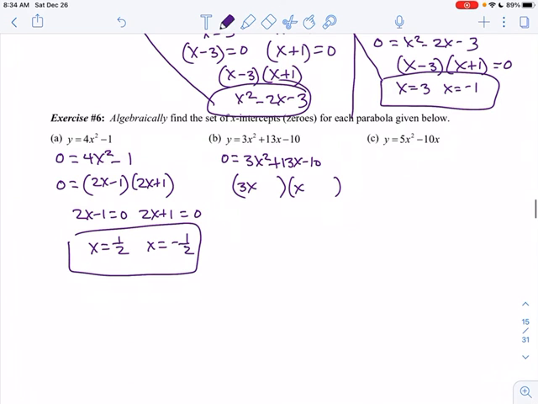So let's try the 2 and the 5. If I have 2 and 5, 5 times 3 is 15, 2 times x is 2. Yep, that'll give me a positive 13 if it's a positive 15x and a negative 2x. And then I set each factor equal to 0 and I solve. So I'm just basically adding one extra step to the factoring that I was doing. You set each factor equal to 0 and then you solve them.